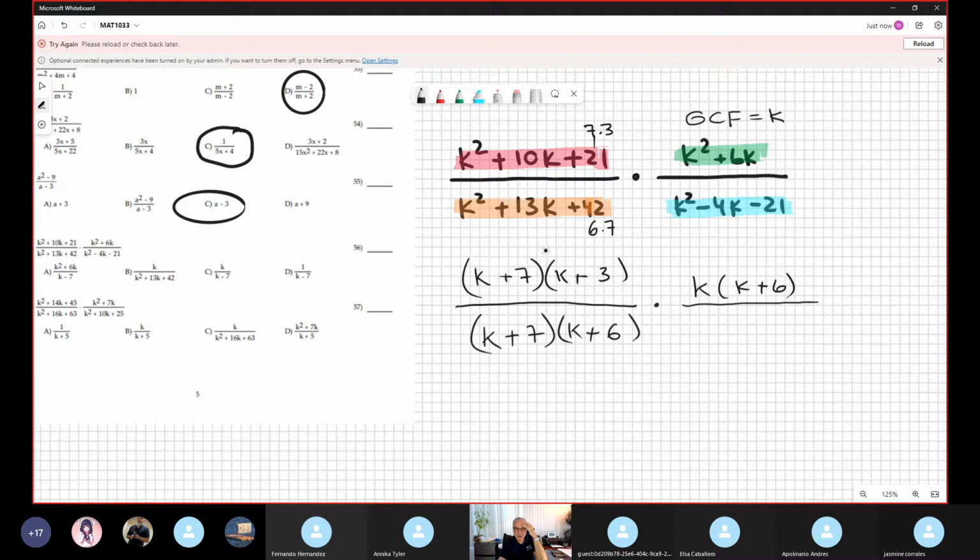This expression is a trinomial. It's very similar to the red one, but it's 21, no? So you open two parentheses, you put k and k, and the combination for 21 is the classical 7 and 3. 7 times 3 is 21, but you need subtraction: 7 minus 3 is 4.